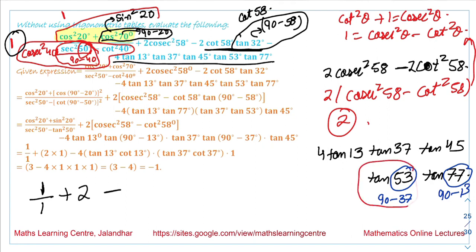This tan 90 minus 37 means cot 37. Tan 90 minus 13 is cot 13.